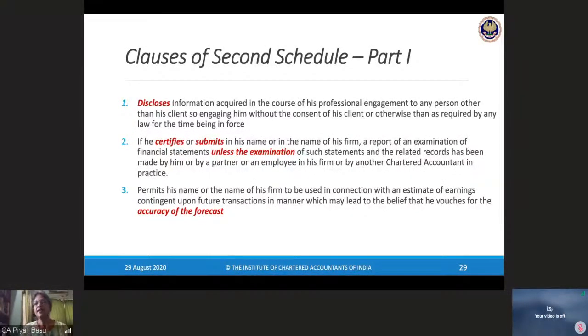When we say taking the consent, you just tell them, do you have an answer? It is not mandatory that we wait for their answer forever.